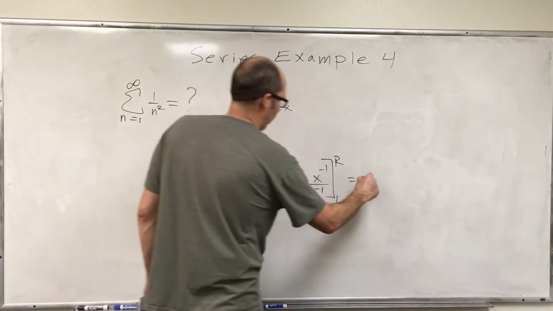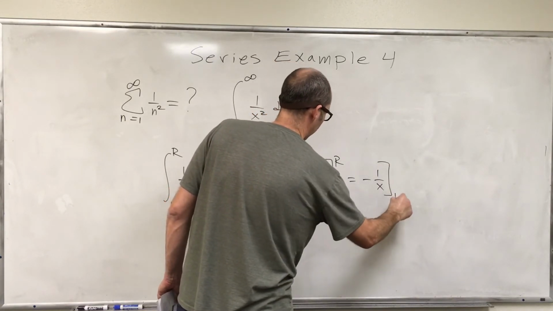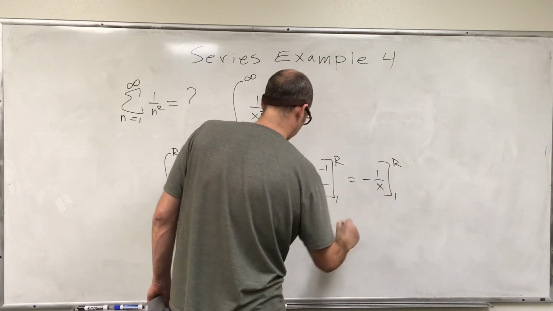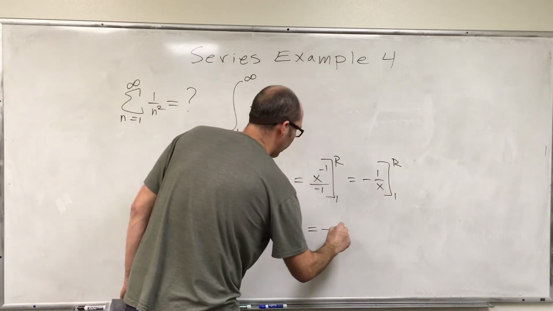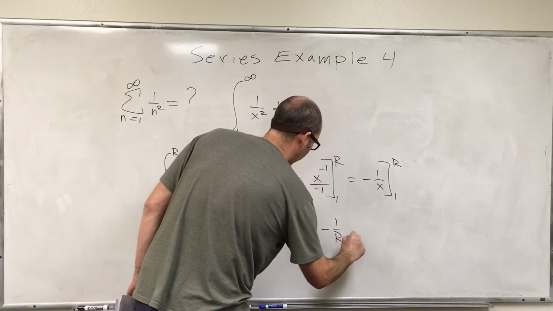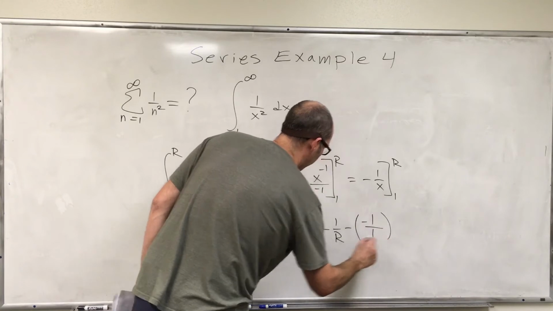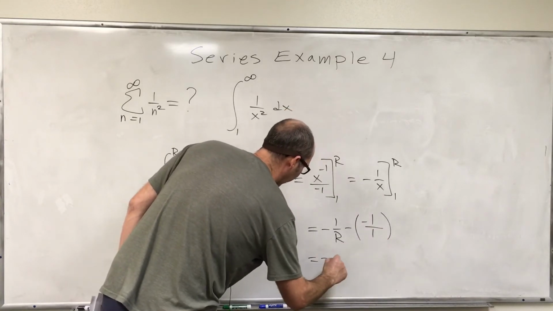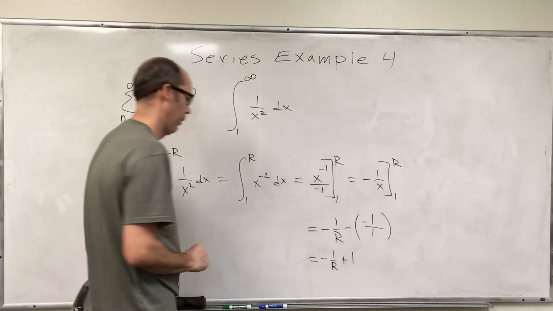All right, I'll do some simplification here. From 1 to r, and this is, let's see, negative 1 over r minus negative 1 over 1, otherwise known as negative 1 over r plus 1.